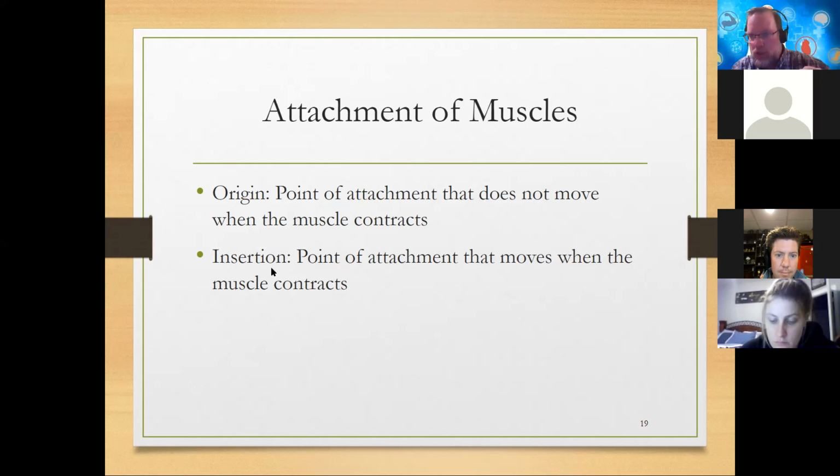And then the insertion tendon. So oftentimes origin is going to be more proximal, and then insertion is going to be more distal. Insertion moves towards origin. So the insertion bone is going to move toward the origin bone.